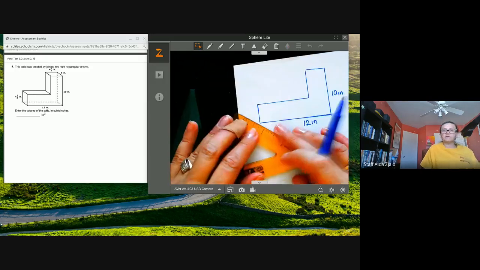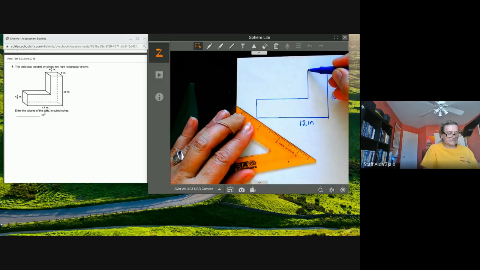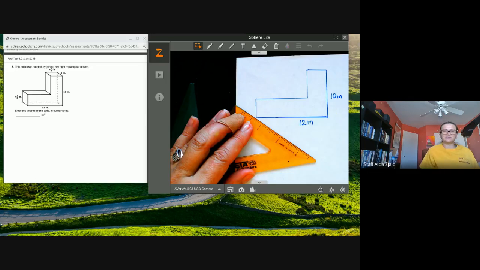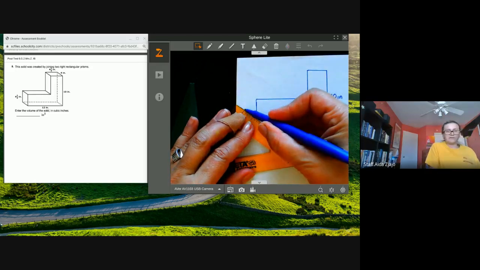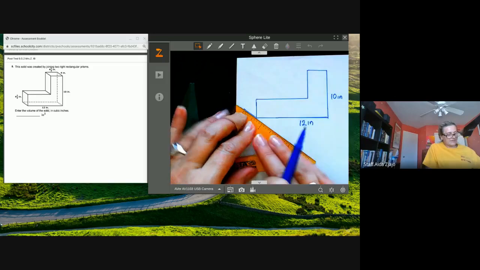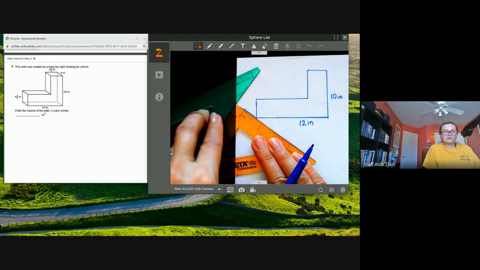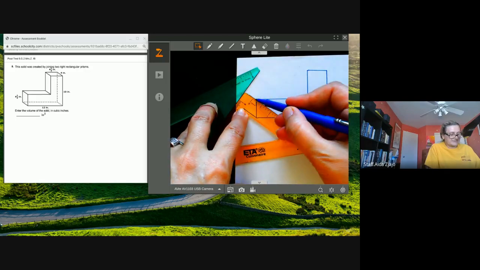I want to show you how you work. So look at this. This is a 2D shape, but from a 2D shape you can create a 3D shape. So if I take this line to be parallel like that, I can use my smaller, triangular ruler, and I can make a parallel line that goes from this angle.